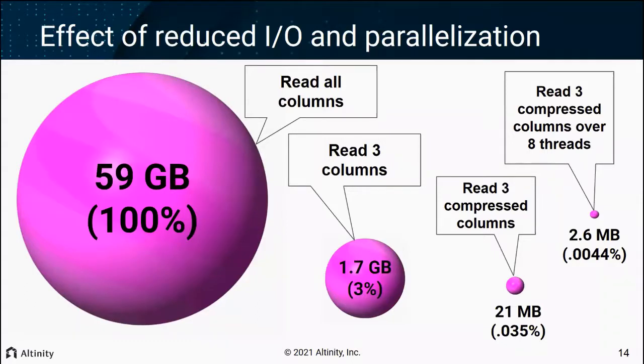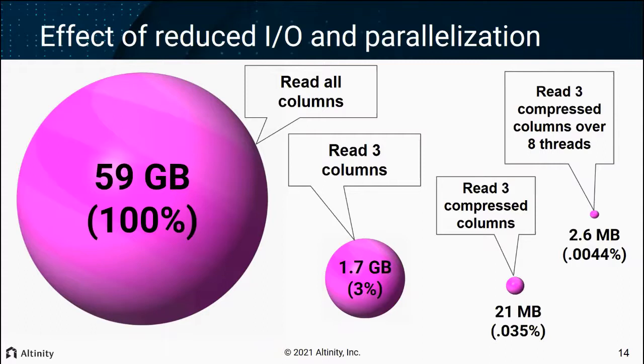A common desktop drive would be able to read this data in about 1/6 of a second. And then finally, by parallelizing, each of the threads, and in this case I used 8 threads, only had to read 2.6 megabytes, and then it could do whatever computations were on top of it.